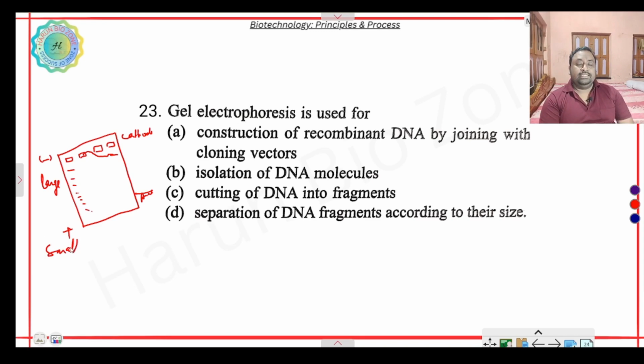Because DNA is negatively charged, it moves from cathode to anode on the basis of size. The small size moves more distance, but large size does not move as far as small size. Isolation of DNA molecule, cutting of DNA into fragments, separation of DNA fragments according to their size. So here D is the correct option.